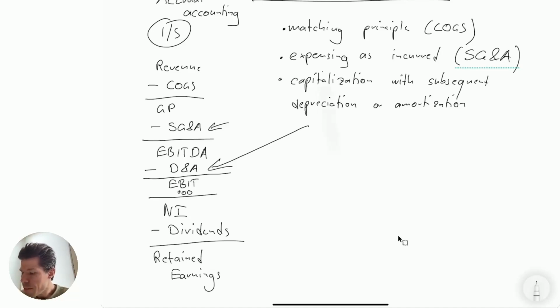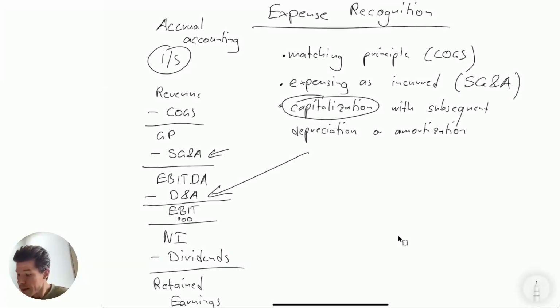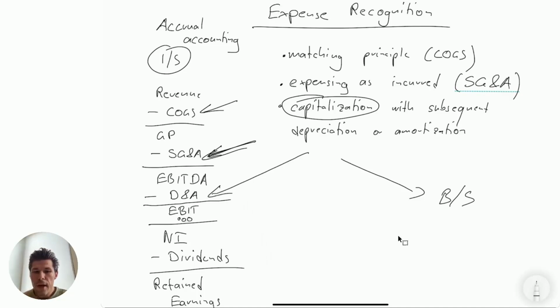But when you capitalize a cost, then it would not flow through the income statement directly. You would not recognize it here. You would not recognize it here. You would recognize it on the balance sheet as an asset. And then what would happen is through the useful life of this asset, you would recognize depreciation.